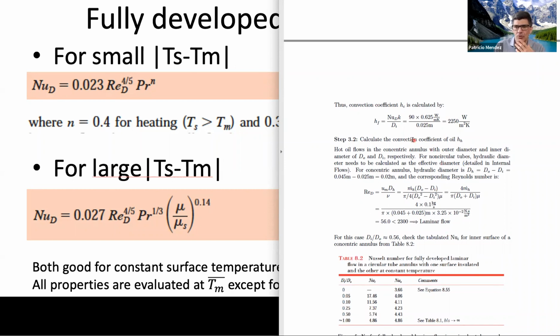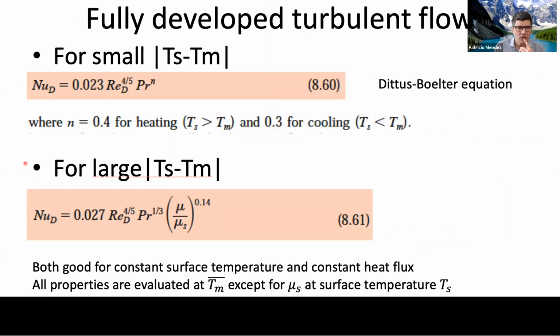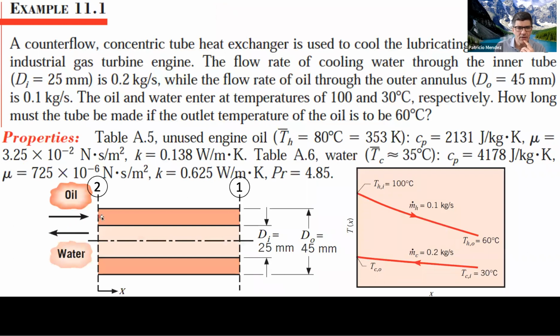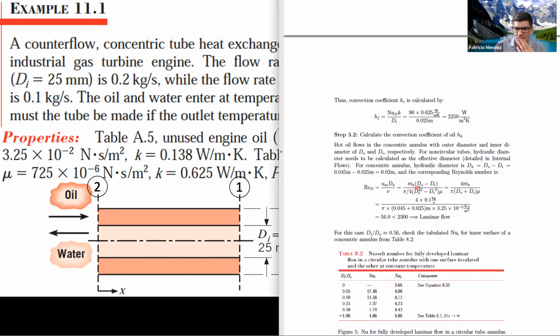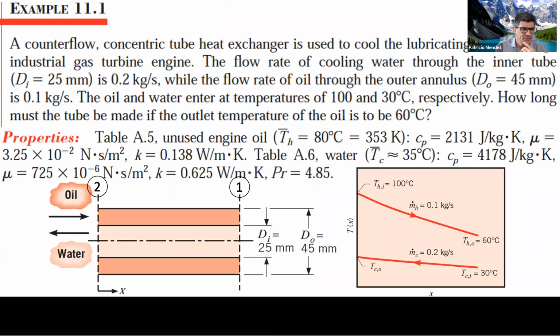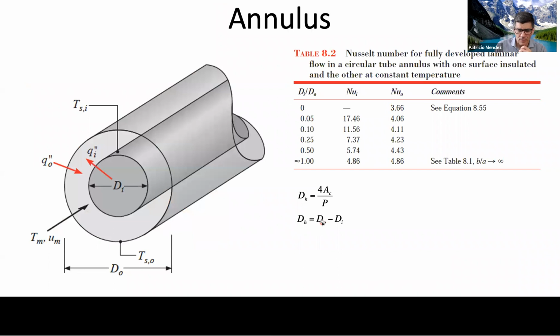Let's calculate the convection coefficient for oil. Same thing, it's an internal flow, but in this case it's a tricky internal flow because it's annular, it's inside a ring. So we have to use the hydraulic diameter. I have to use this expression for hydraulic diameter, that is 4 times the cross-sectional area of the annulus over the wet perimeter.